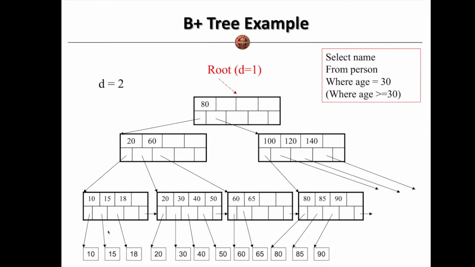This one has a tuple matching 15. This one has one tuple matching 18. These are the concrete tuples stored in our database tables. So this part is the index table, and the bottom part is the concrete tuples stored in our database system.